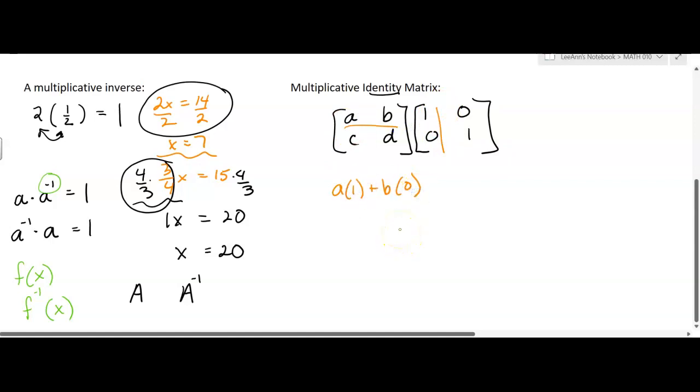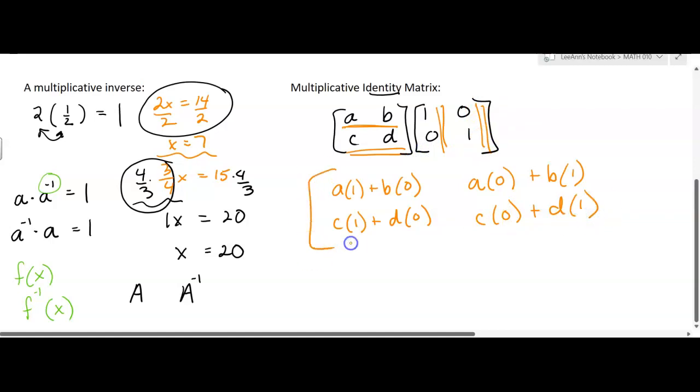Okay? And then I do the first row times the second column, I get A times 0 plus B times 1. And then if I do underneath the second row, first column, that's going to be C times 1 plus D times 0. And then if I do second row, second column, I get C times 0 plus D times 1.